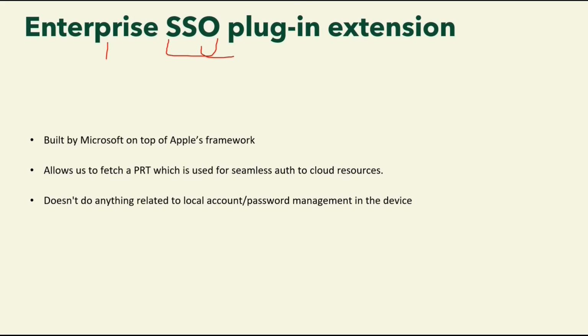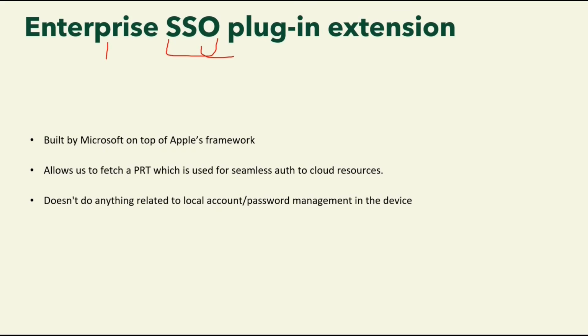Now what this SSO extension is actually doing is basically allowing us to provide a primary refresh token on these macOS devices. And using this primary refresh token, or PRT, we are authenticating to all the other resources onto which we want SSO.